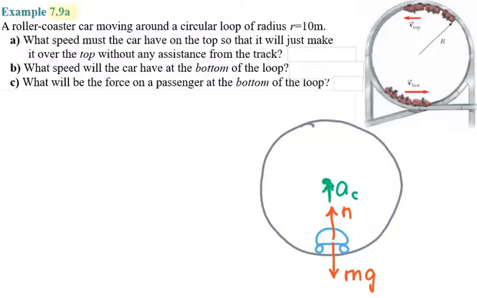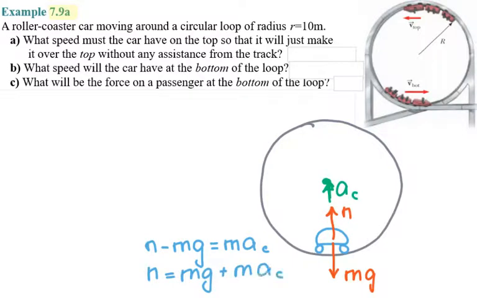In this case, your normal force is your centripetal force, because without the normal force, the car would not be able to make the turns. So for the net force at the bottom, I can write that normal force is positive, mg is negative, and acceleration is up, it's positive, so that's mac. So the normal force at the bottom is mg plus mac.